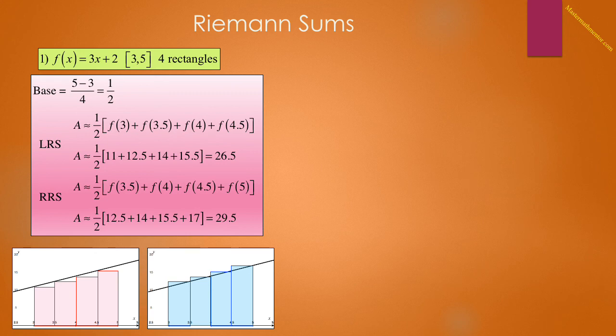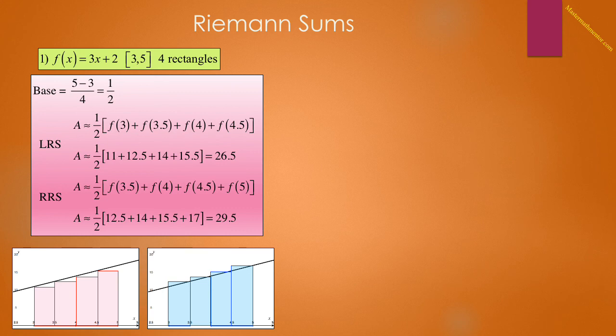So for left Riemann sums, the area will approximately equal 1/2 times f of 3 plus f of 3.5 plus f of 4 plus f of 4.5. And that becomes 1/2 times 11 plus 12.5 plus 14 plus 15.5, which is 26.5.